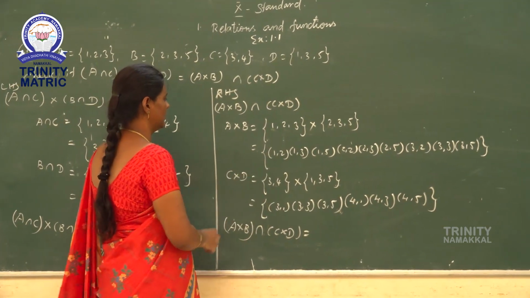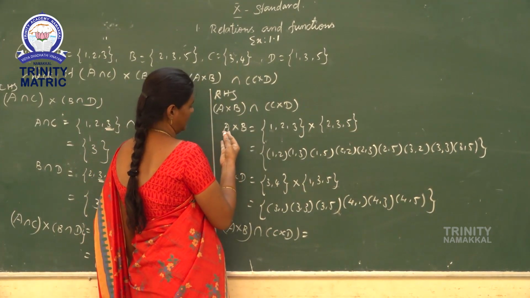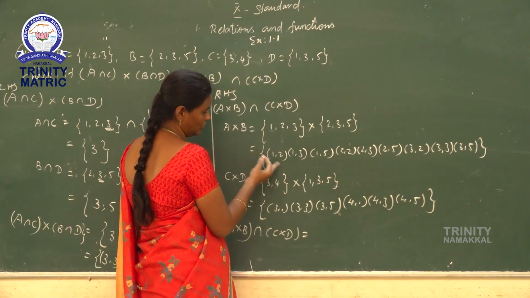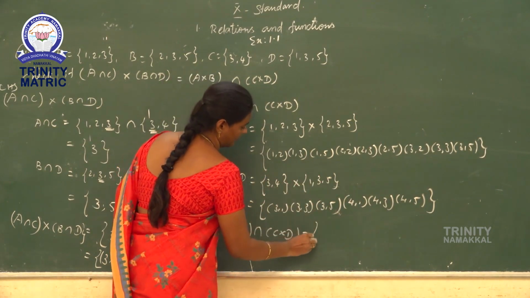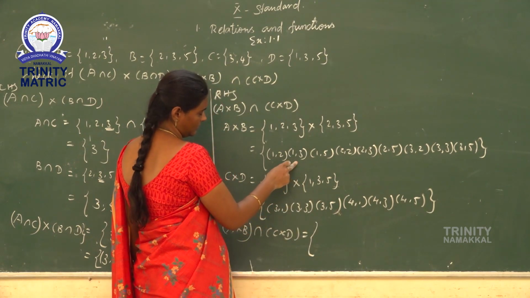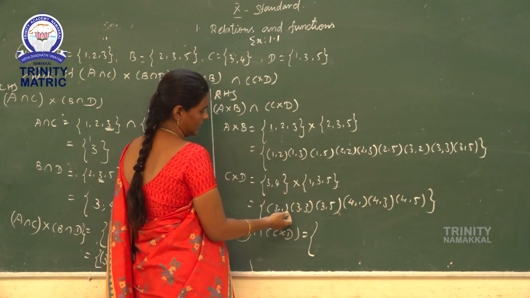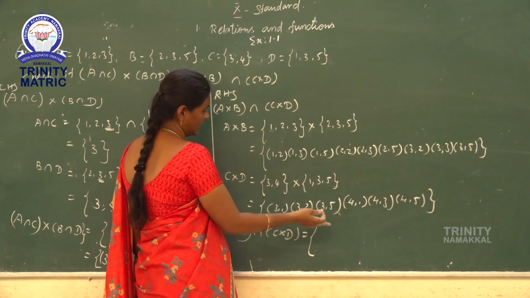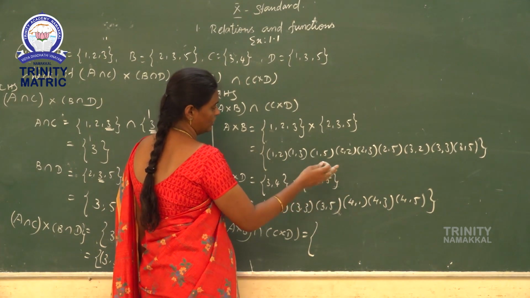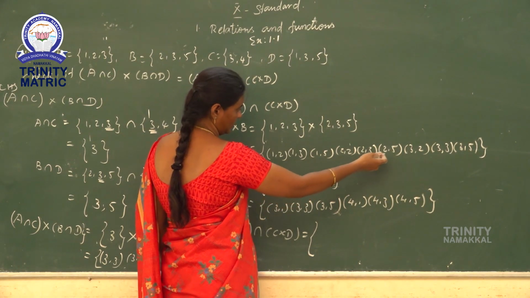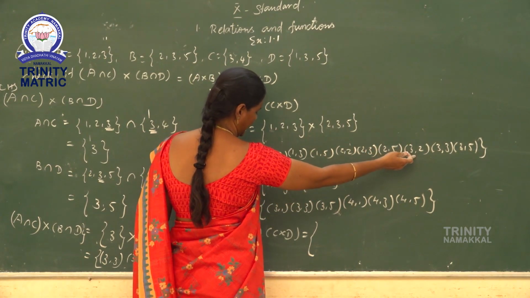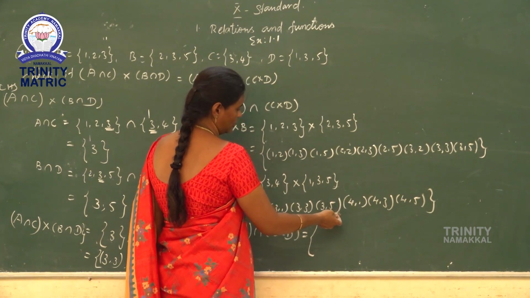the common elements. See this A cross B, we have (1, 2), there is no (1, 2) in C cross D, so we won't write. Then (1, 3) we have in A cross B, but there is no (1, 3) in C cross D. (1, 5) also there is no common element. Then (2, 2), (2, 3), (2, 5) are not in C cross D. Then here we take (3, 2), there is no (3, 2).